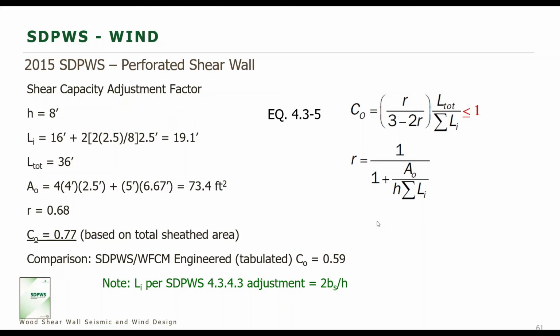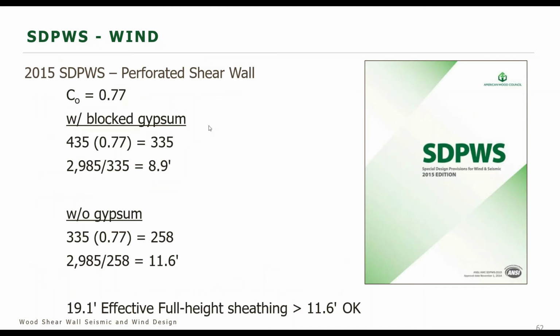We calculate these based on the equations that are in SPDWS, and we get a C sub O of 0.77, which is substantially higher than what we calculated when we used the tabulated values that were in the WFCM example. So by having this higher C sub O value, it's a smaller reduction in our design capacities, so our wall capacity for the wall with the block gypsum is adjusted down to 335 pounds per lineal foot, and we're only required to have 8.9 feet of full height effective sheathing.